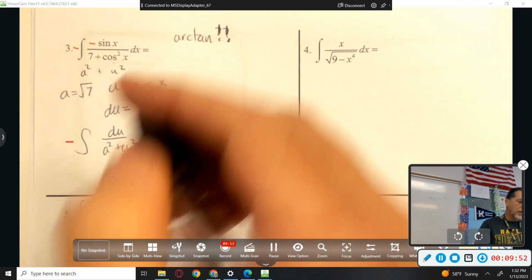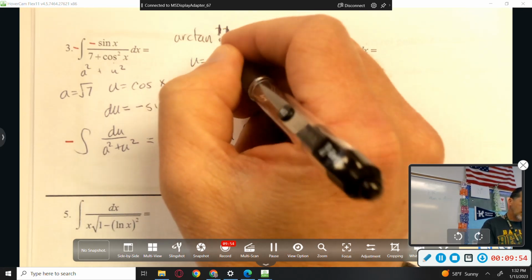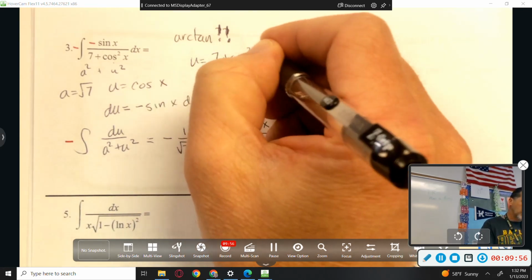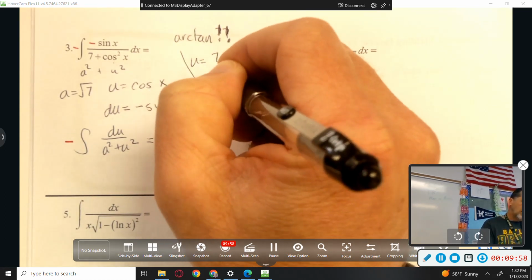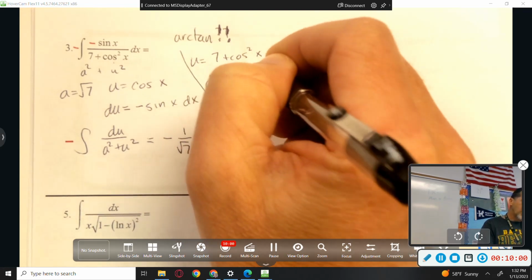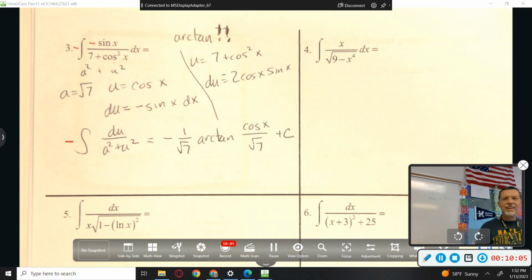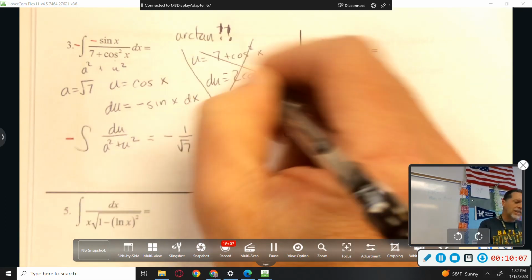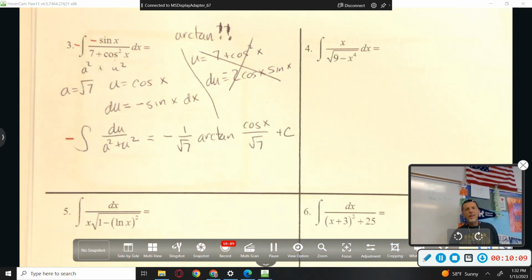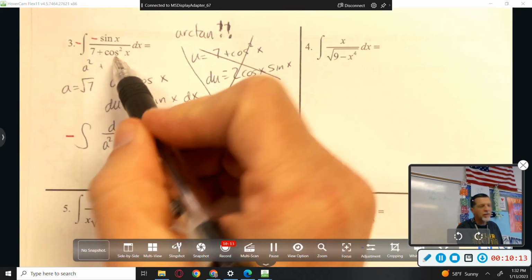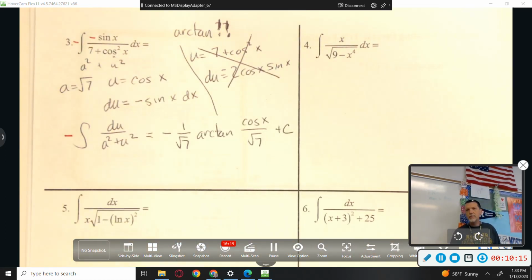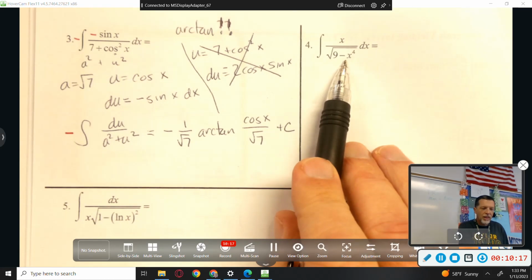But if u is the bottom, this isn't going to work. du is 2 cosine x sine x, and negative that doesn't fit what I need it to fit. And so you've got to recognize if it's just u squared in the bottom, that's a tangent thing. If it's a square root, then maybe it's a different one.